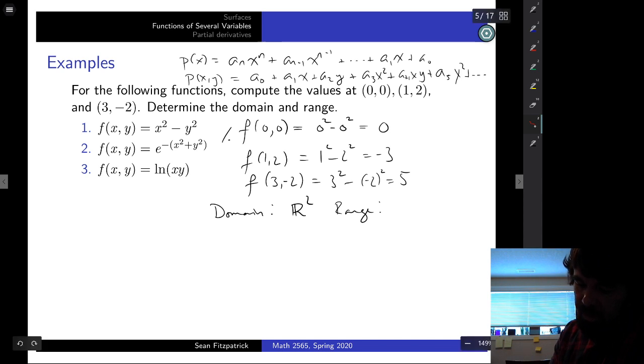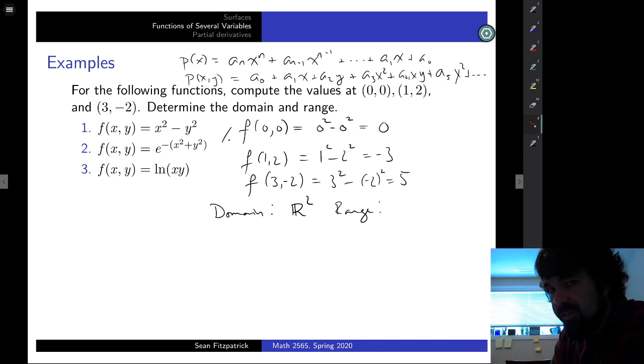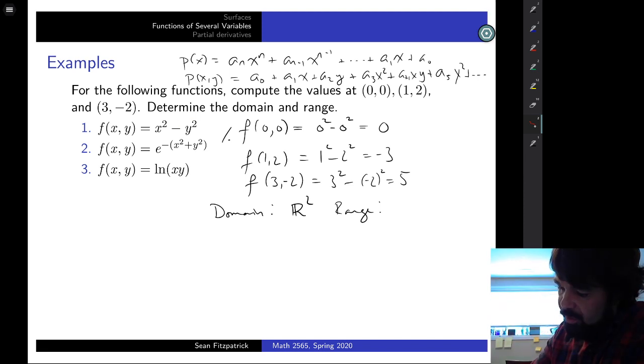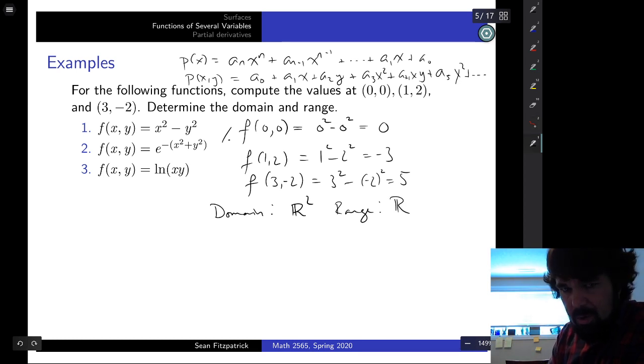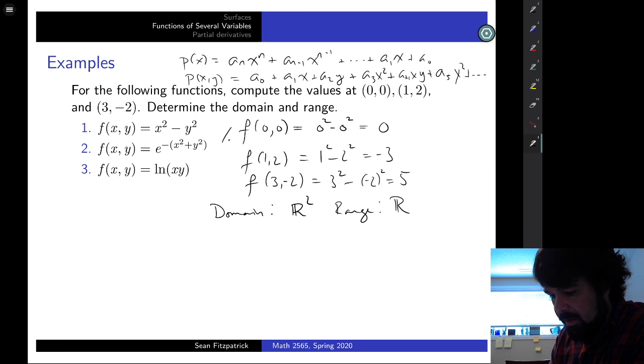If I just look at f of x, y equals x squared and I ignore the other part, I can get every positive number, right? X squared has range from 0 to infinity. If I put x equal to 0 and I just look at the minus y squared part, I can get all the negative numbers, right? So the range for this thing is actually every real number, right? You can get every possible real number for that one. Okay.